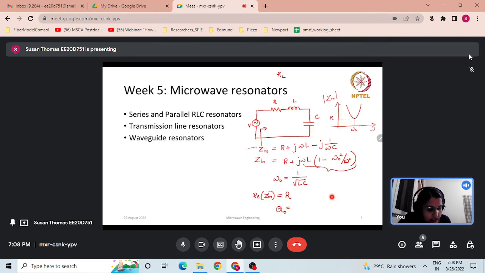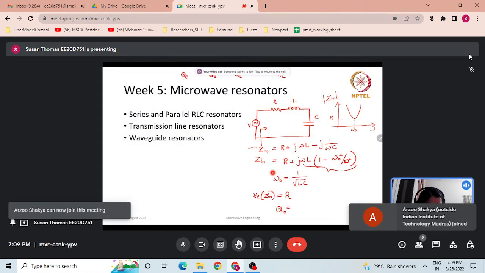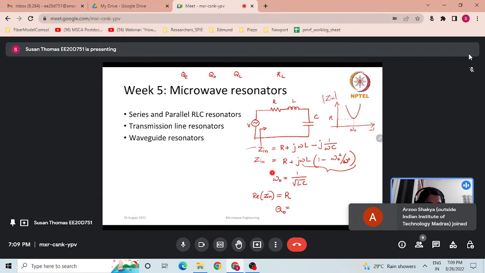If I say the Q factor of the external circuit is QE, and the Q factor of the unloaded circuit, that means when no load is connected, is Q naught, and QL is the Q factor of the circuit when this external circuit is added like a load.